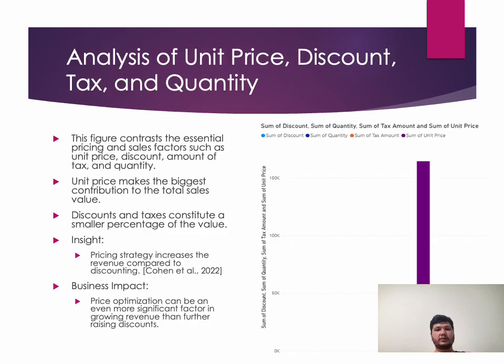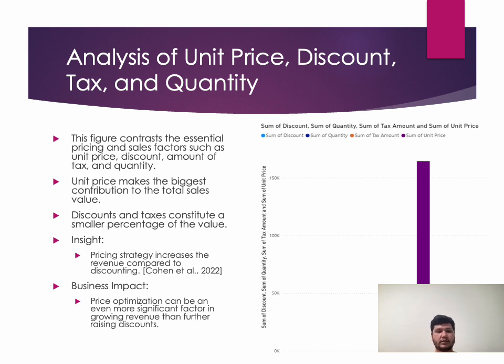The next slide is about the analysis of the unit price, discount, tax, and the quantities. This chart mainly compares the important sales and pricing elements: unit price, discount, the amount of tax, and the quantity.